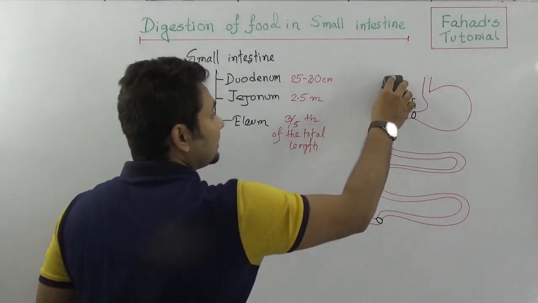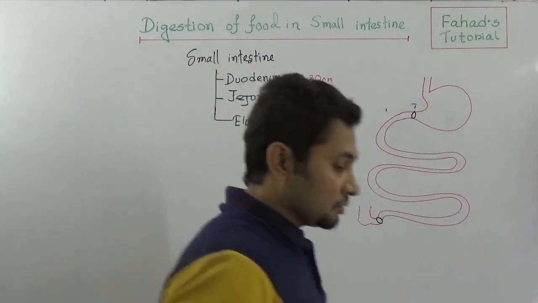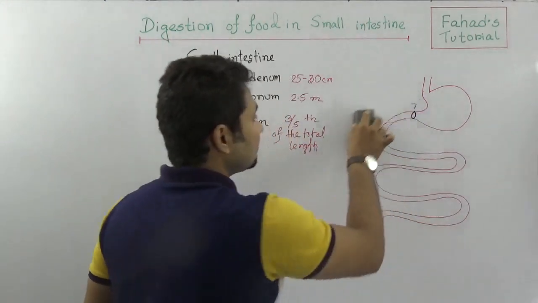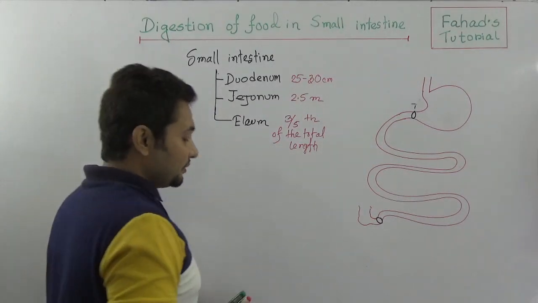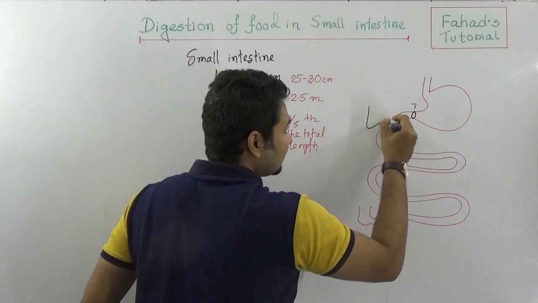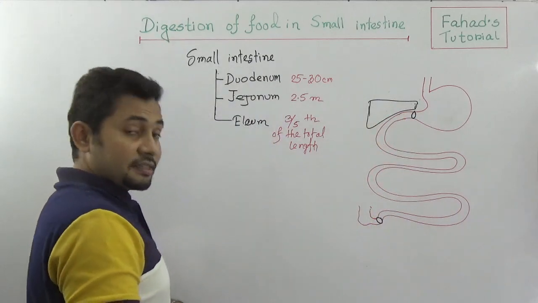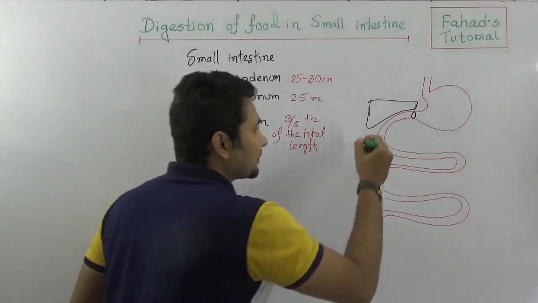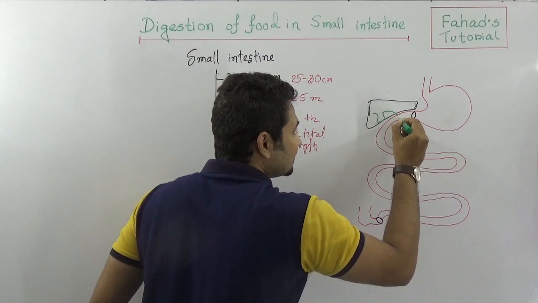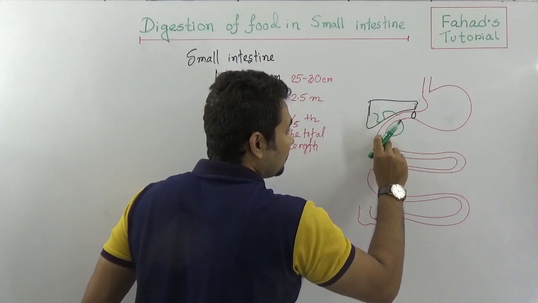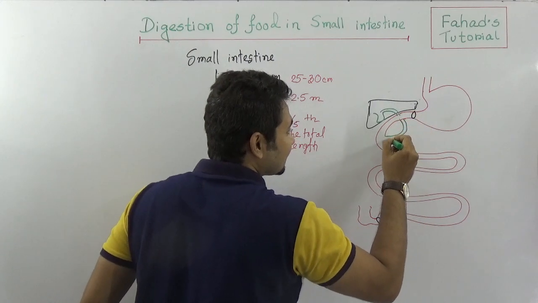The pyloric sphincter is present at the lower part of the stomach, and think about where the liver is. The liver is here, and inside the liver region there is the gallbladder, which is directly connected with an opening to the small intestine.